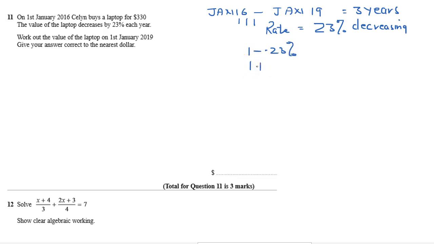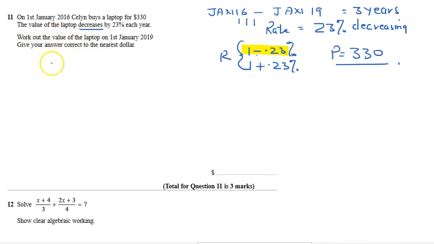If increasing, it will be 1 plus 0.23. So these are the values of R, if it is decreasing or increasing. Here it is decreasing, so you have to use this formula for the decreasing. And the principal amount is, she spent 330.